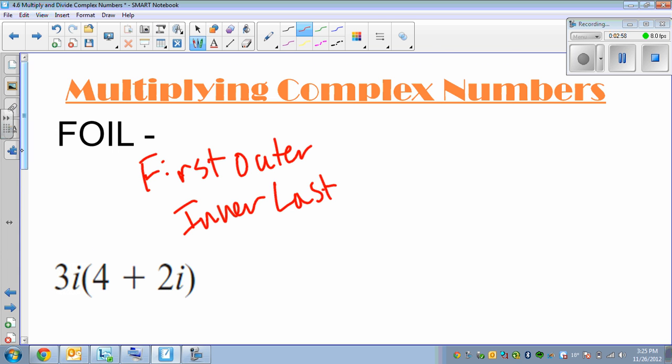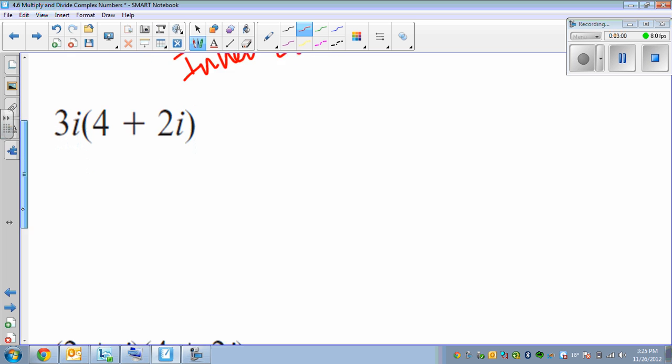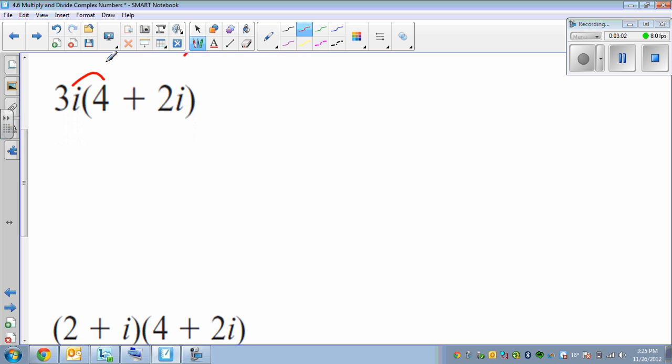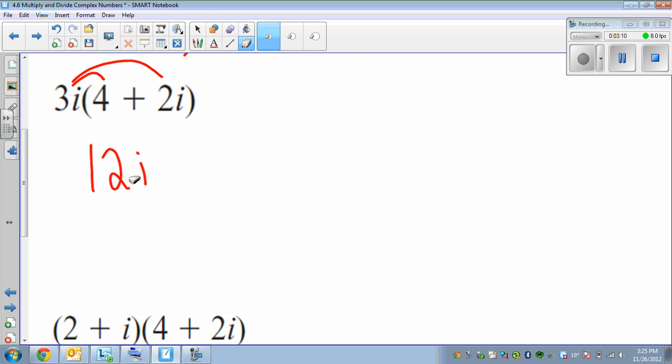So this first one actually is not two things, so all we have to do on this one is just distribute. So 3i times 4 is 12i. 3i times 2i is 6i squared.